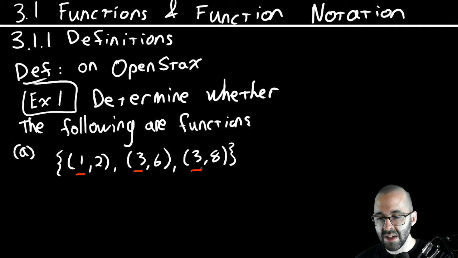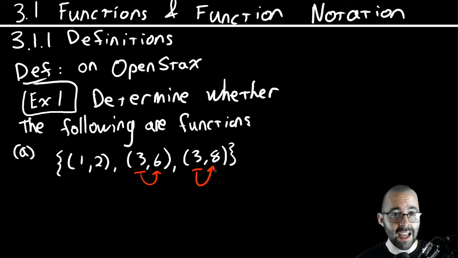Notice that 3 specifically is one input. 3 goes to 6, and 3 also goes to 8. So if I ask, hey, where does 3 go? You have 2 answers, 6 and 8. So this is one input going to multiple outputs. We're going to say no, it's not a function.